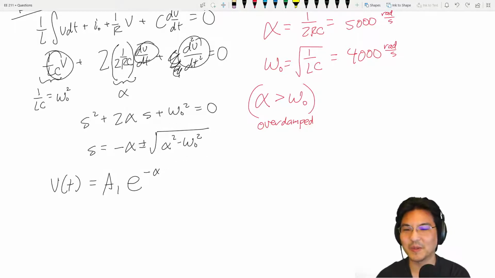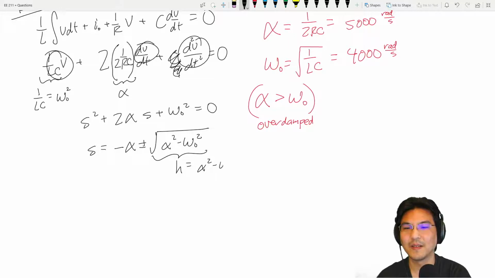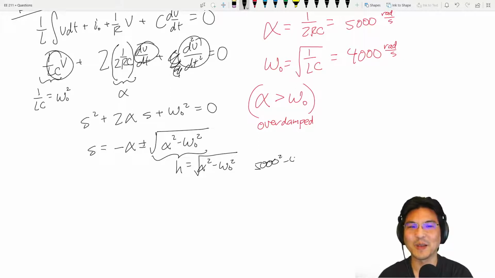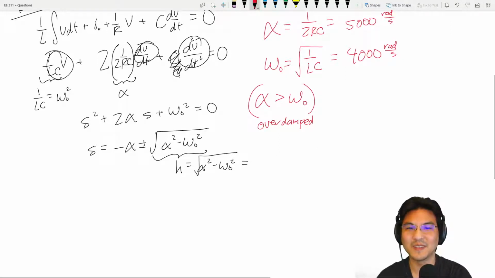Oh, I'm going to replace that with something so I don't have to keep writing this whole thing. Let's call this h. And actually, when I look at the numbers, it's 5,000 squared minus 4,000 squared square root, which would just be 3,000. Okay, so for this particular example, this is 3,000.